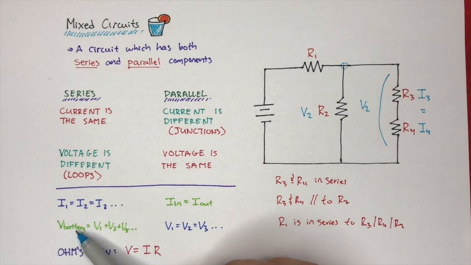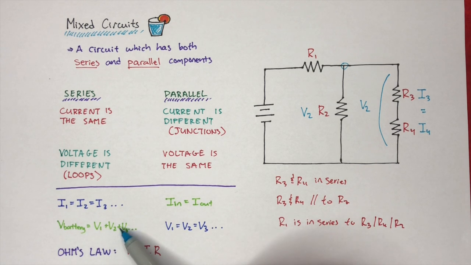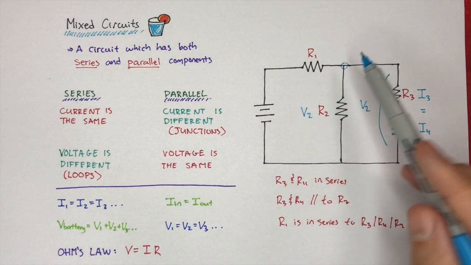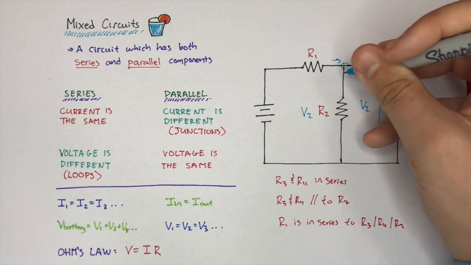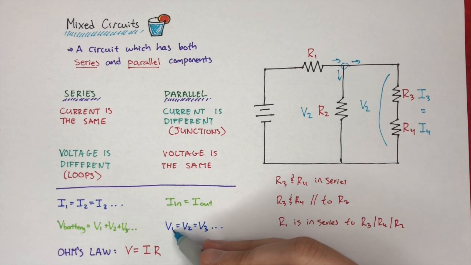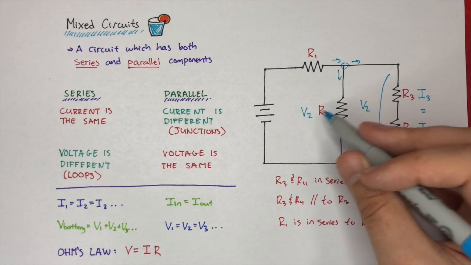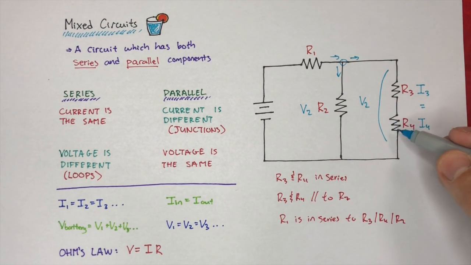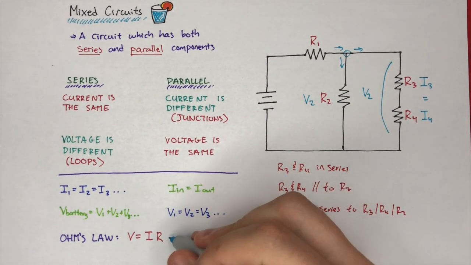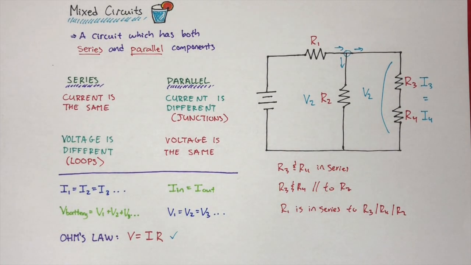And the voltage around a loop is going to be V battery is equal to V1 plus V2 plus V3 in that loop. For parallel circuits, the current that goes into a junction has to be equal to the current that goes out of that junction. And we know that the voltage across 1 is going to be equal to the voltage across 2, or all of these. And of course, we have our favorite Ohm's law, which is really going to help us out when we start analyzing these circuits in more detail.